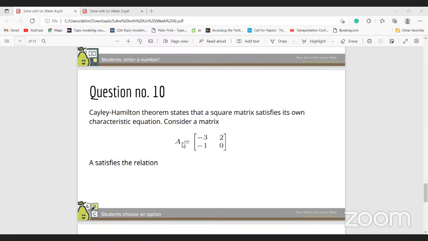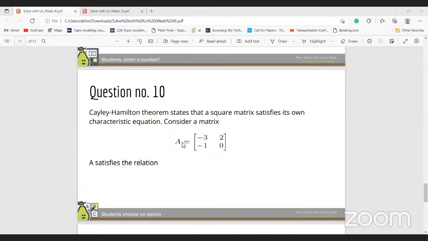Now you have to do the product of these two terms, and there you will again get an A square term, which again can be replaced by a linear term. That way the computations become very easy.